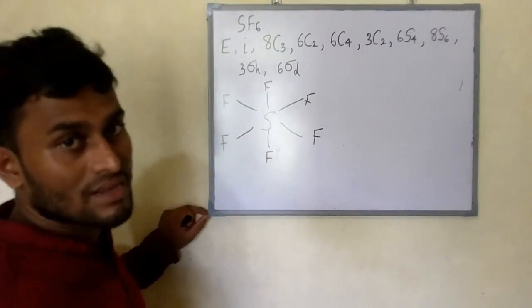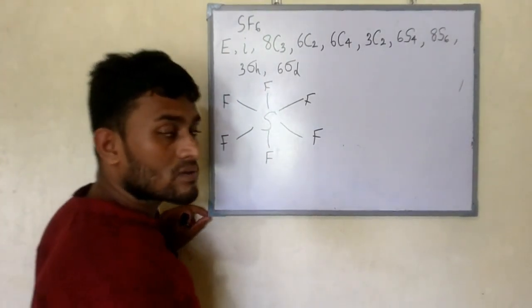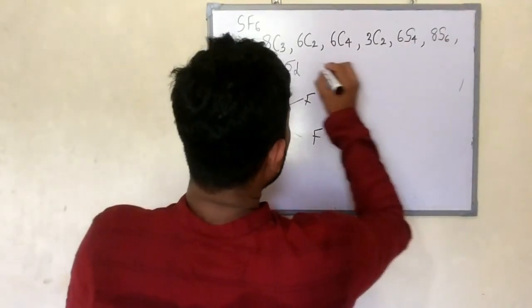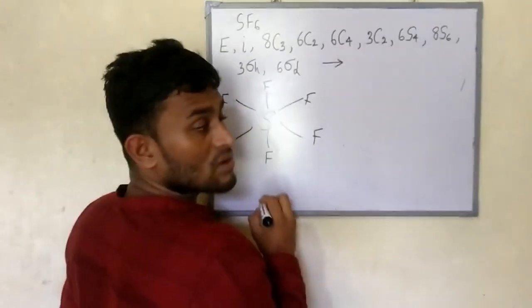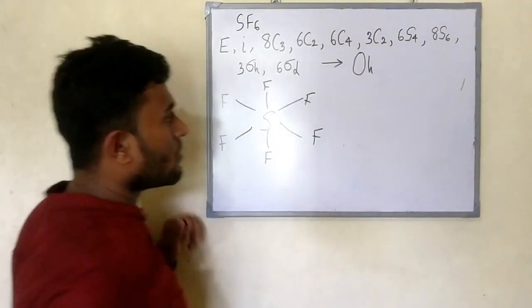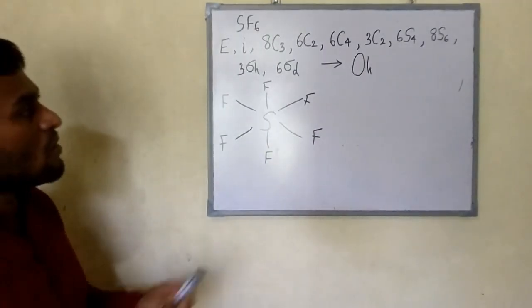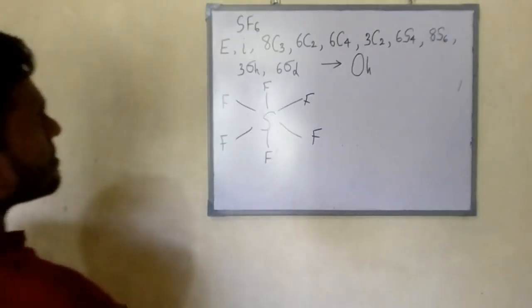Octahedral molecules contain the point group or the Schoenfeld symbol octahedral. It is OH. So you want to see how these elements are coming.